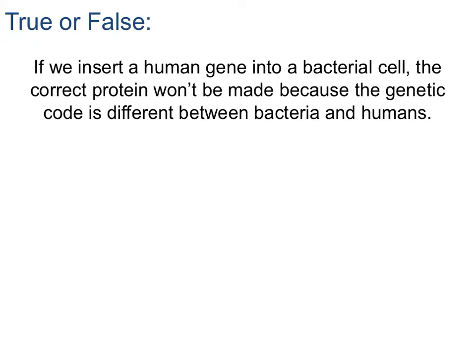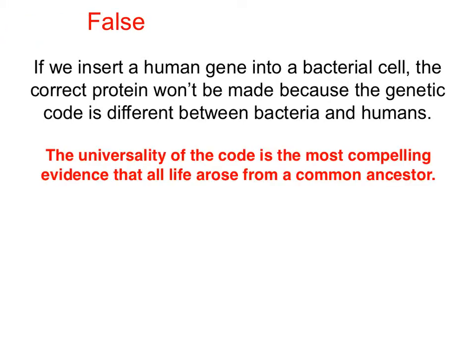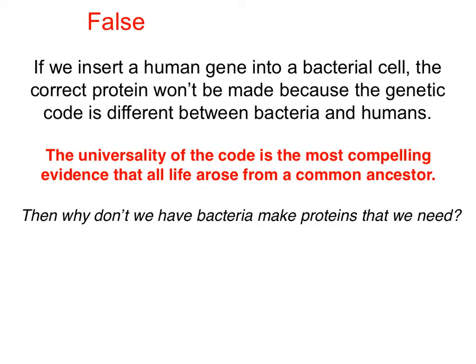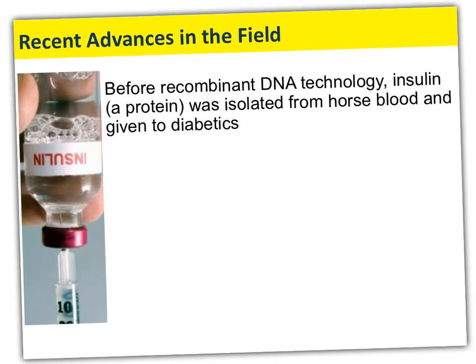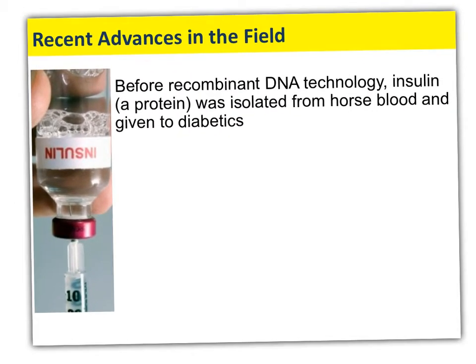Now that's what a genetically modified organism is. And we actually do this. It's called recombinant DNA technology. For example, we have insulin. Previously, before this technology, we got insulin from pigs, and I think horses too.